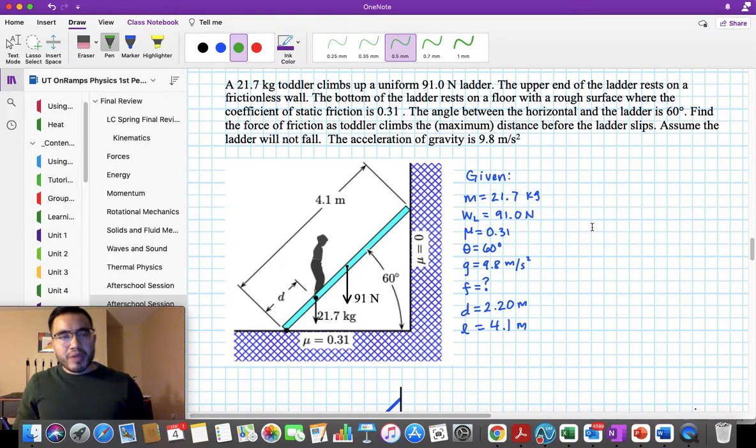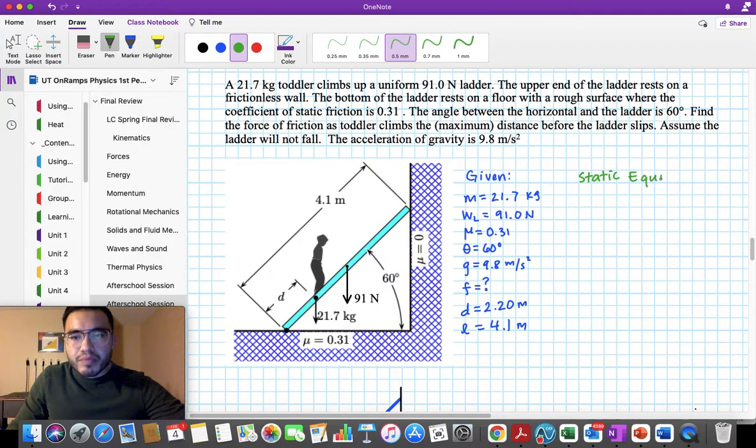So the way we can model this problem is with a system in static equilibrium, and we know that we have two conditions for that to happen. So let's write them down. A system is in equilibrium, not even static, so I'm just going to say equilibrium.